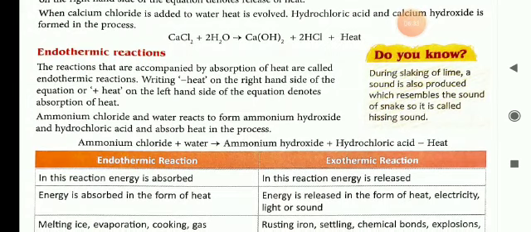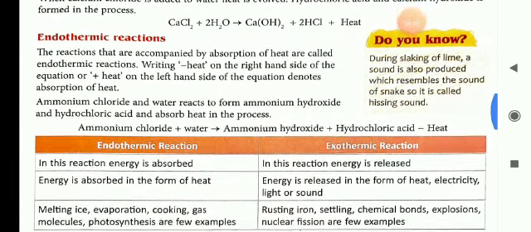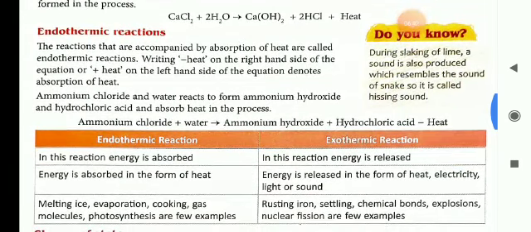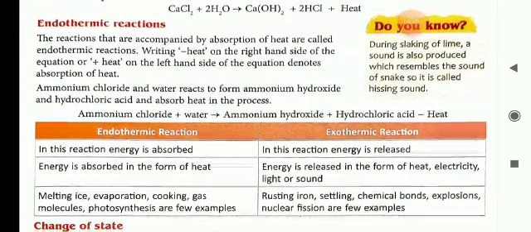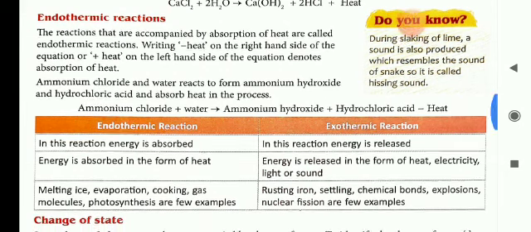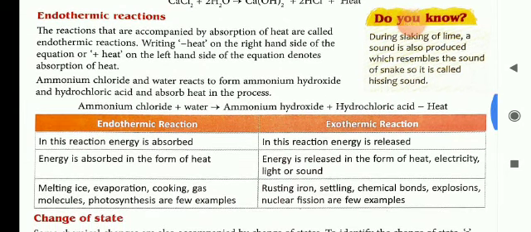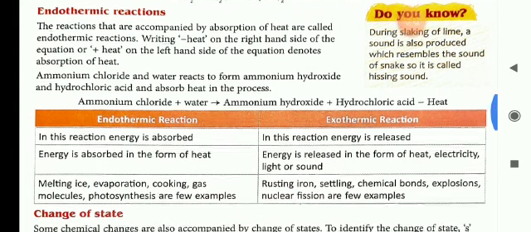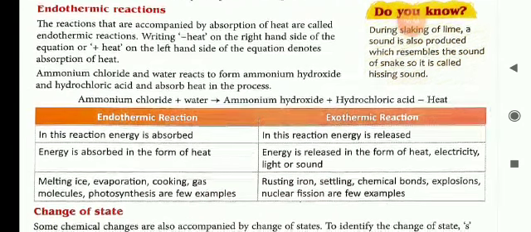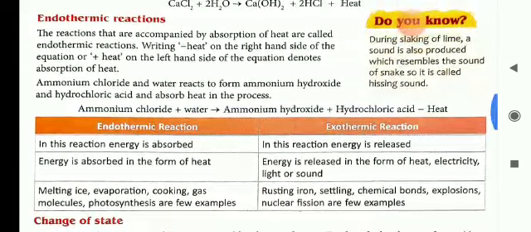Example is ammonium chloride and water reacts to form ammonium hydroxide plus hydrochloric acid minus heat, or this minus heat can be written on the reactant side, that means ammonium chloride plus water plus heat. So this is an endothermic reaction.